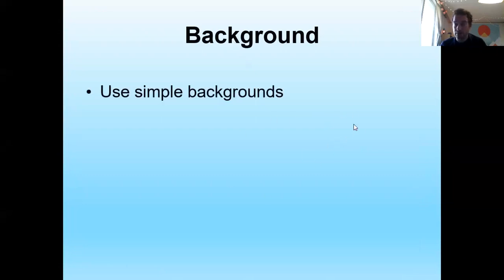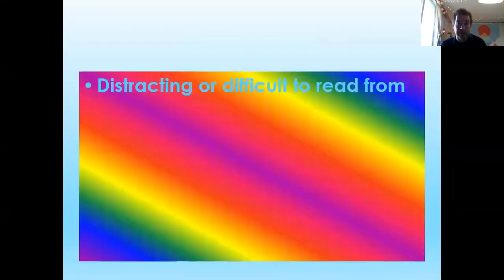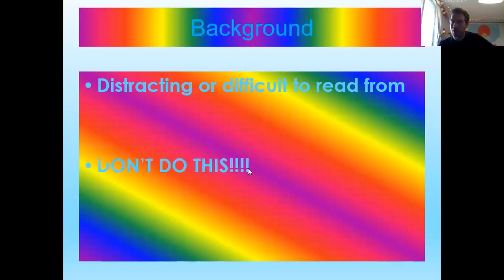This is simple, nice and light blue. Don't use something that's distracting, like this. Whoa. I mean, looks like it's for maybe a clown show. This is distracting or too difficult to read from. So don't do this. People watching your presentation will have a very difficult time reading this, and it's distracting. So have very simple backgrounds.